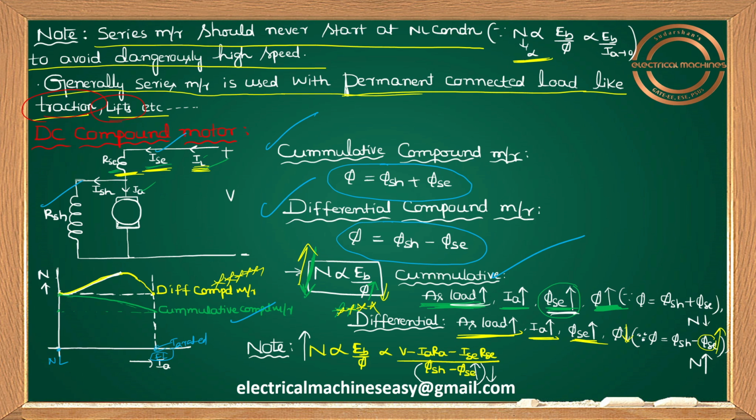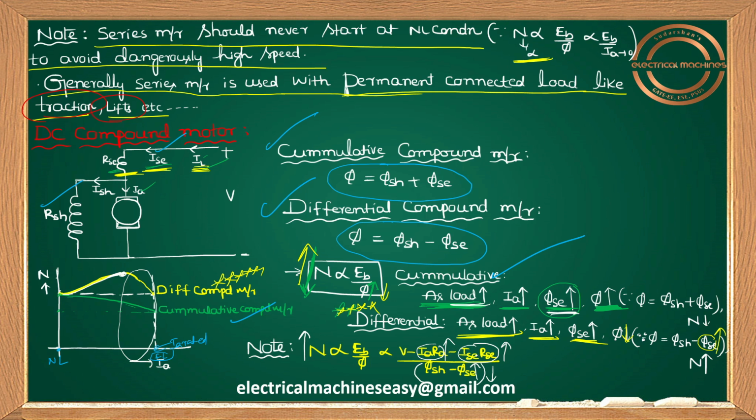Very good. But my question here is, under the large current region, if you still increase the IA value, IaRa will be increasing, and IseRse is also increasing, because as load increases, definitely IL increases, Ise increases, and Ia also increases.